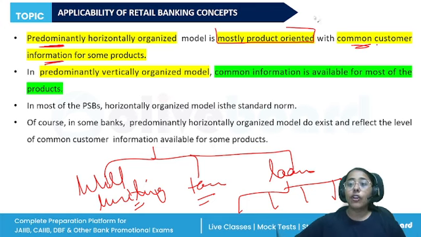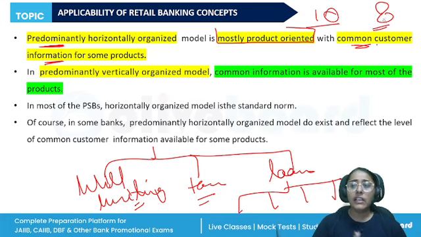So if the bank is offering 10 products, out of 10, 8 will be product oriented, separate process model. 2 of them can be for common information. Then predominantly vertical means for most of the products, common information is available, and for some, the separate process model will be used.